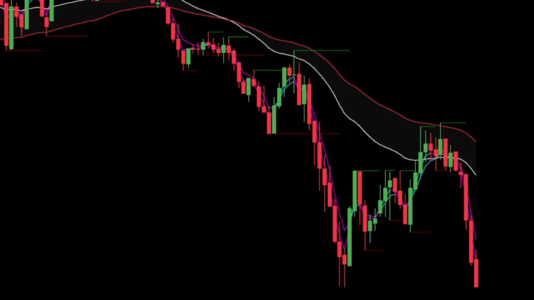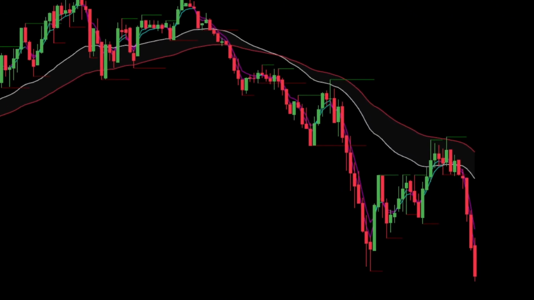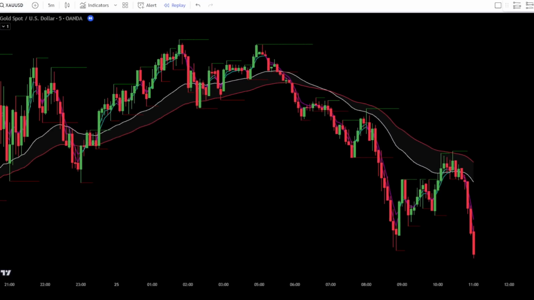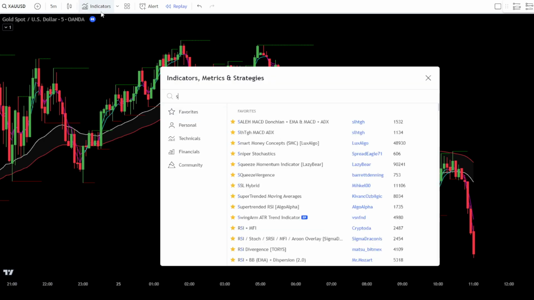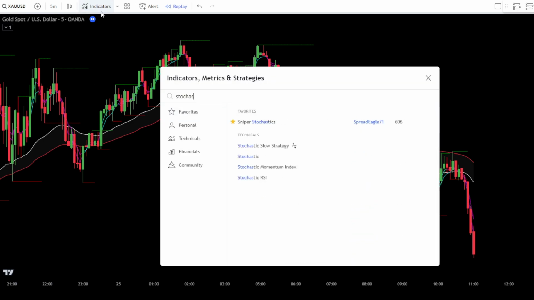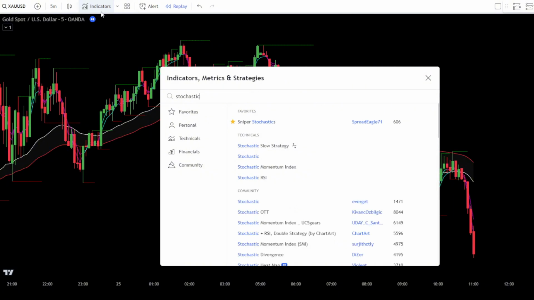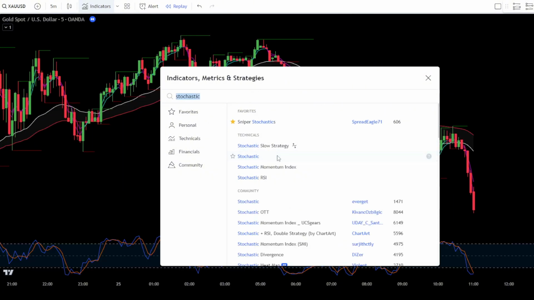Now, let's add the second indicator, which will be used to identify buy and sell areas in the market. Go to the Indicator Search tab and type Stochastic. Then, select the Stochastic indicator from Tradingview.